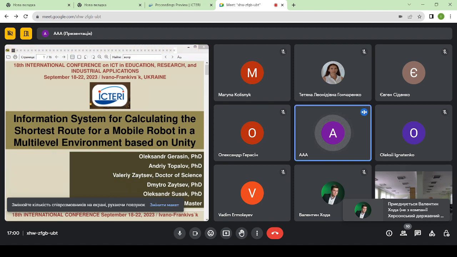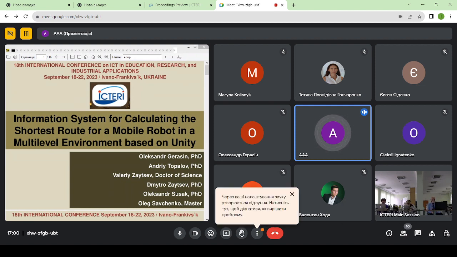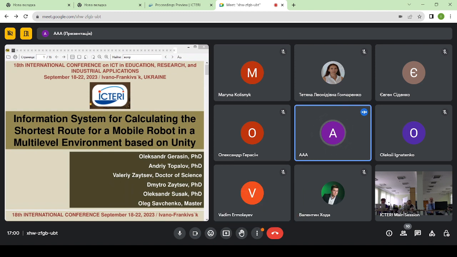Okay, good day. Today I would like to talk with you about an information system for calculating the shortest route for a mobile robot in a multi-level environment based on Unity.